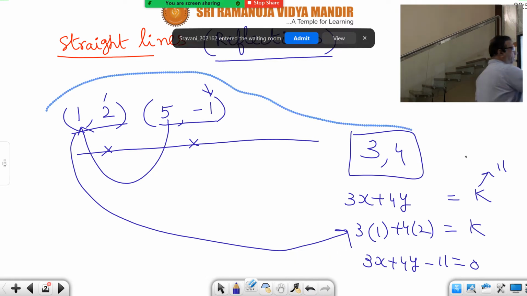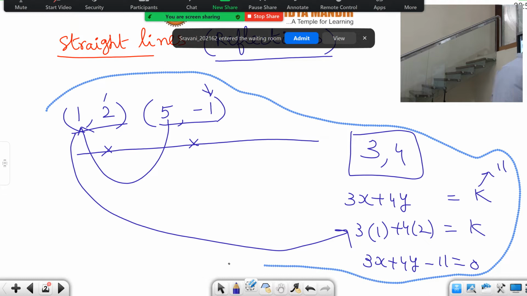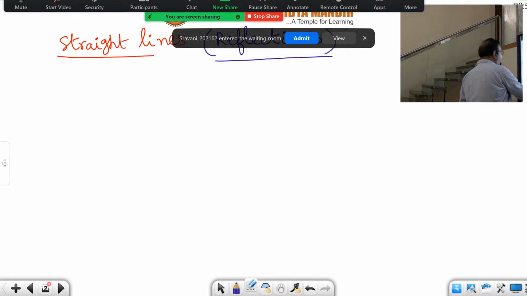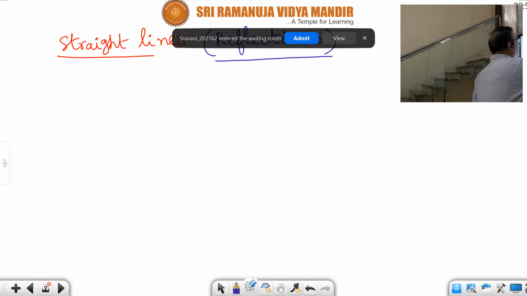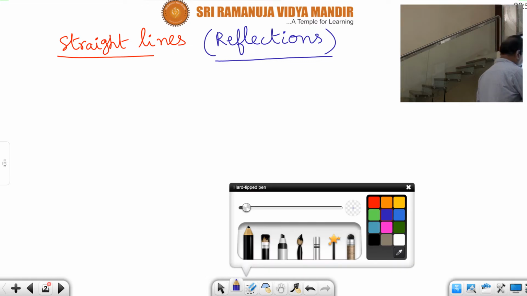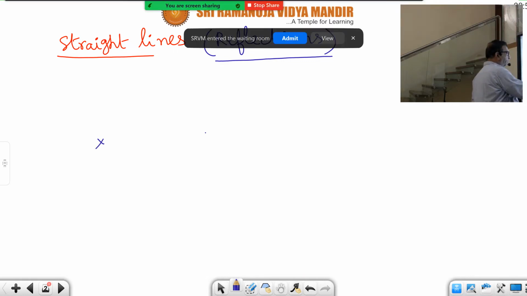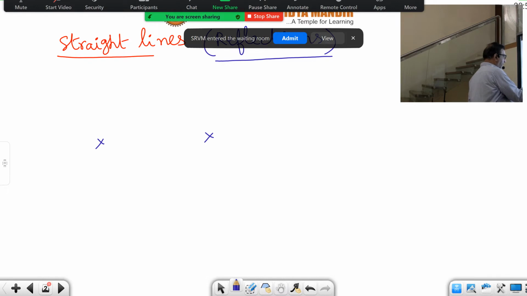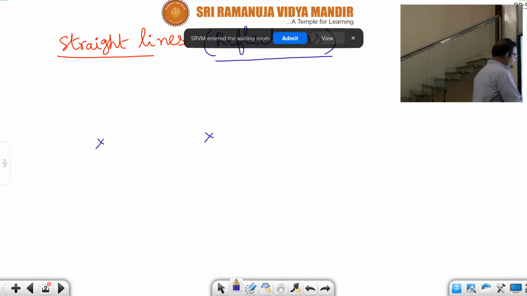Because such shortcuts we have to use many times. In solving a problem we have to find the equations of so many straight lines, that you can do fast like this. Okay. Next question. Suppose these are 2 points, 1, -1 and -7, 3.